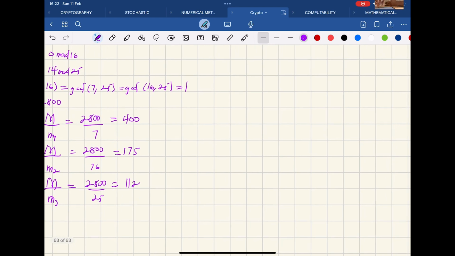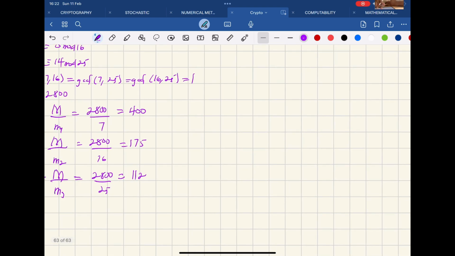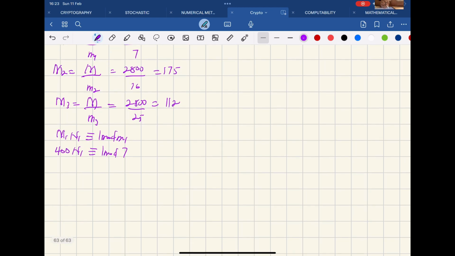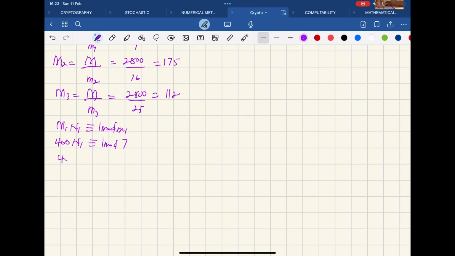Okay, so now let's go ahead and find our N1, N2, and N3. We know that M1 N1 is always congruent to 1 mod small m1. So if M1 is 400, this is going to be congruent to 1 mod 7.